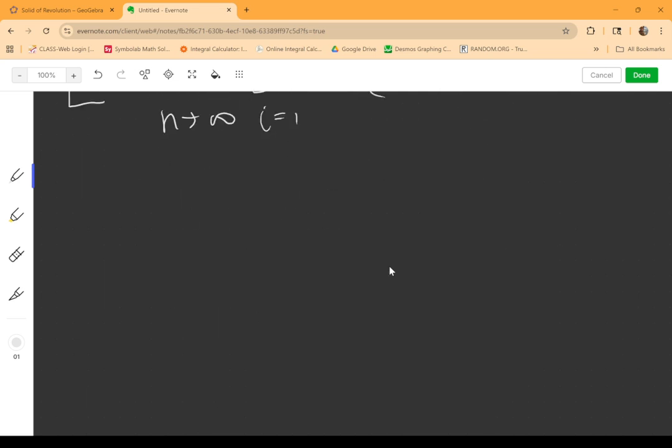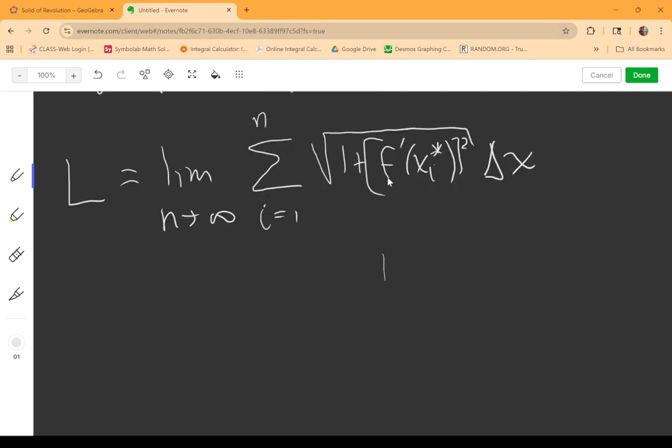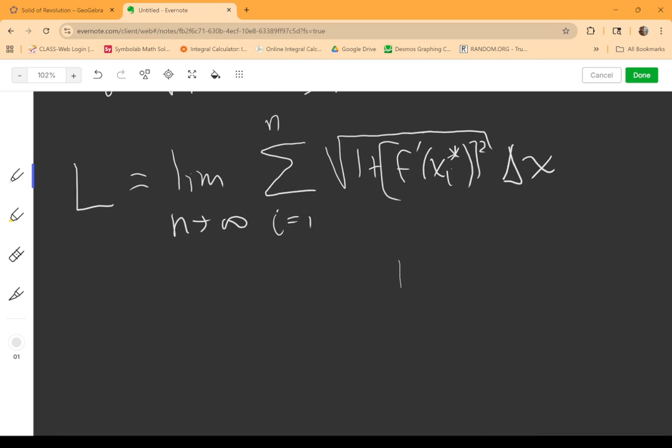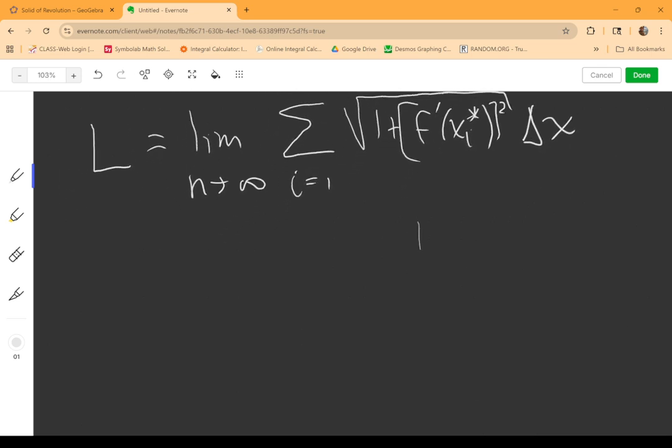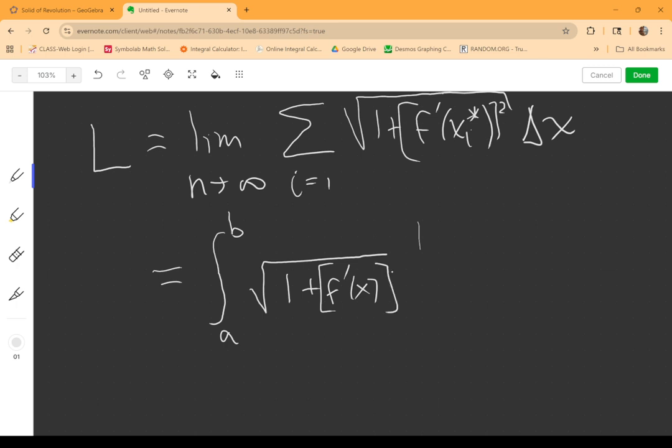So this Riemann sum converges to the integral from a to b of the square root of 1 plus f prime of x squared dx.